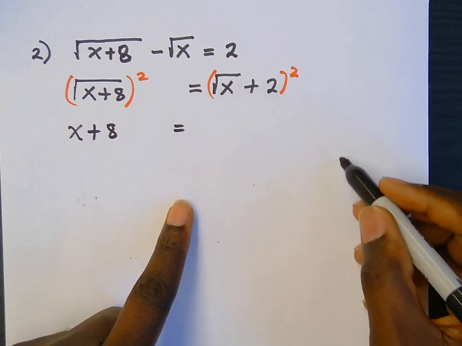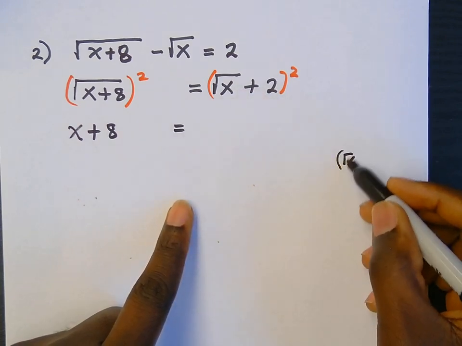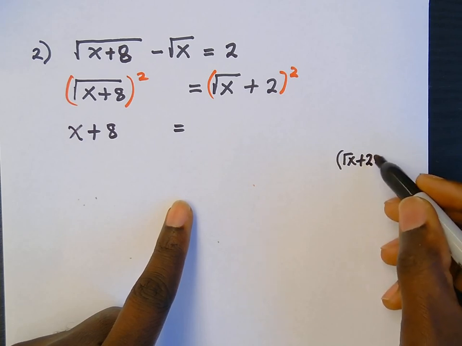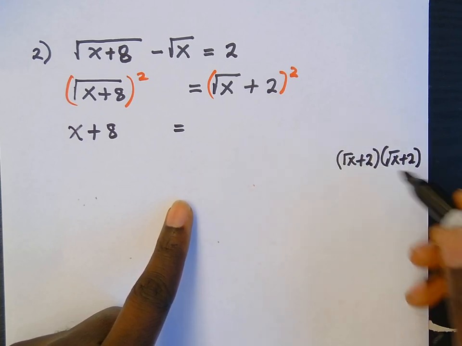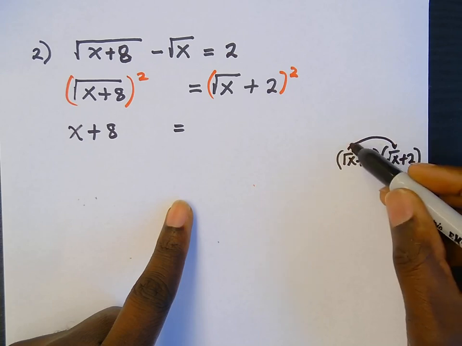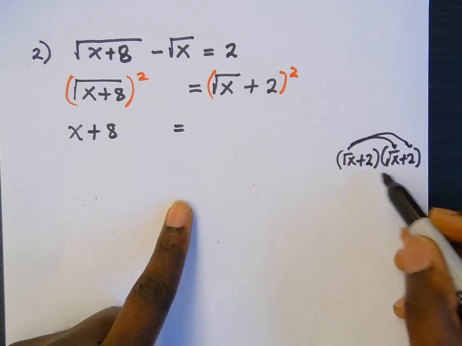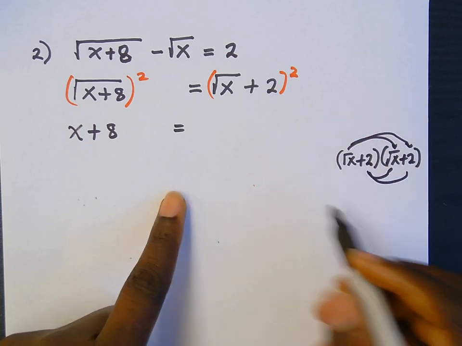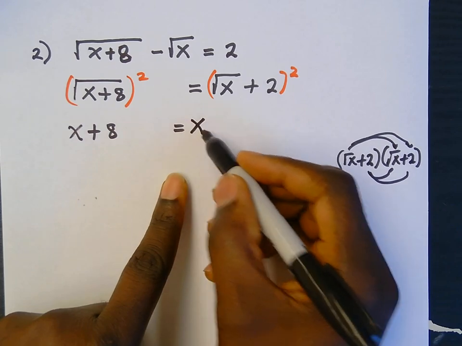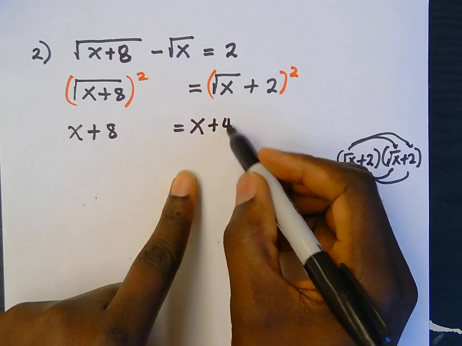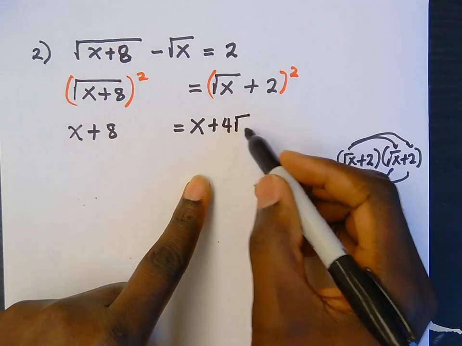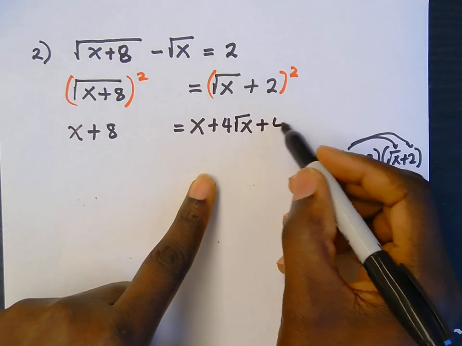In other words, we're going to do radical x plus 2 times radical x plus 2, like we did before. So you FOIL that. When I do that, I end up with x plus 4 radical x plus 4.